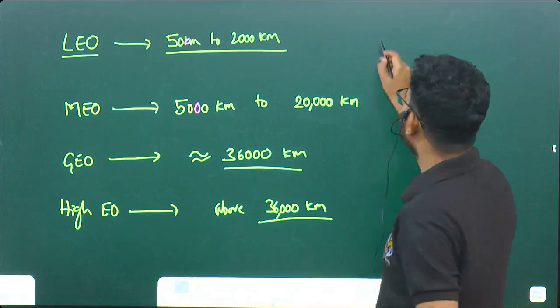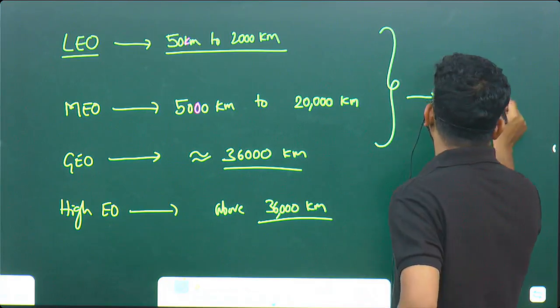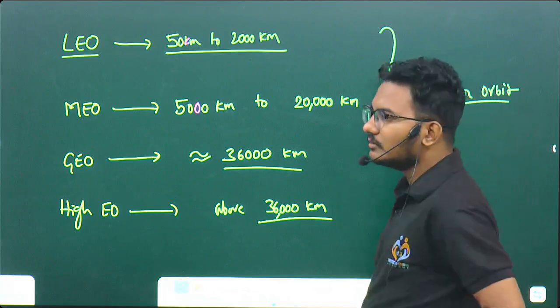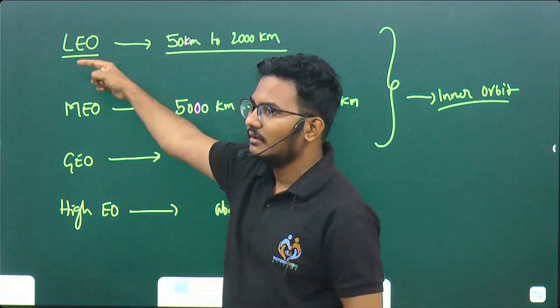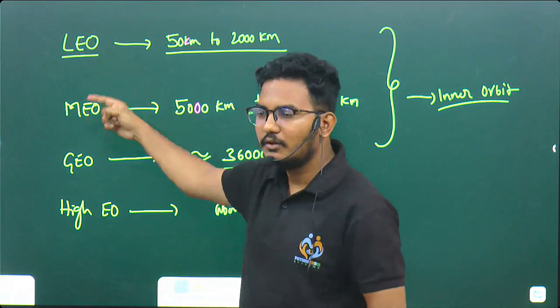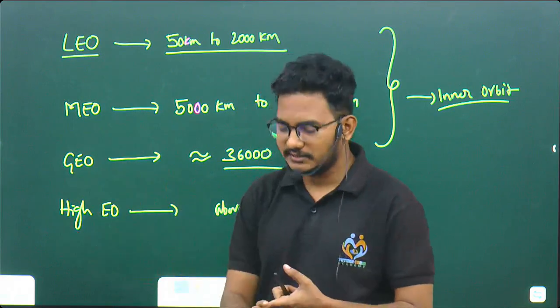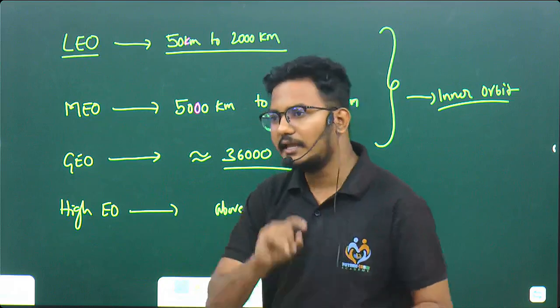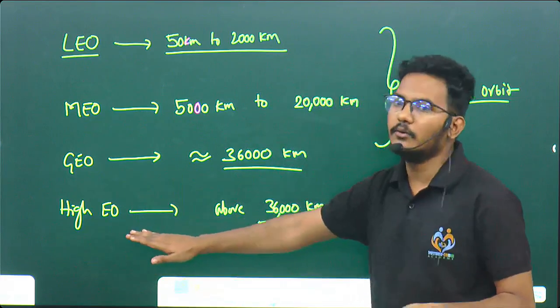Yes, these three are inner orbits. If you want to read about the Earth's surface, then your satellite will be placed in LEO, MEO, GEO. If you want to read about the moon surface, sun, Mars, any other planet, then you will place your satellite in the HEO.